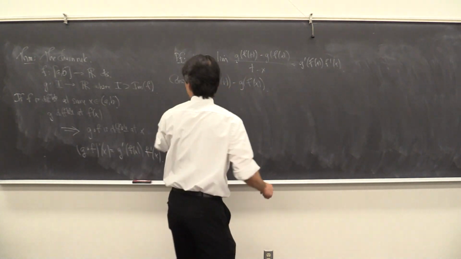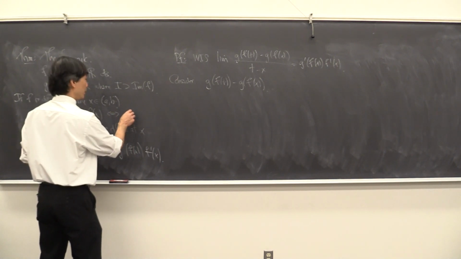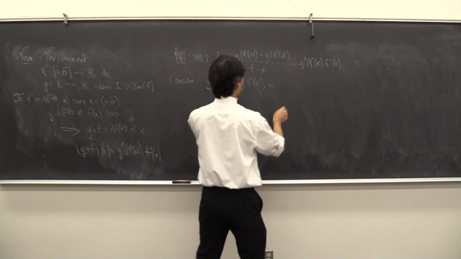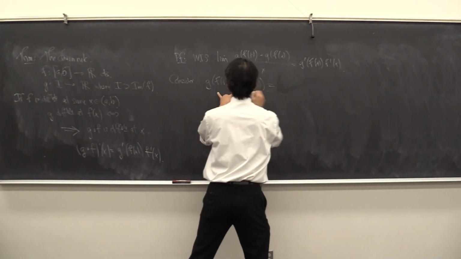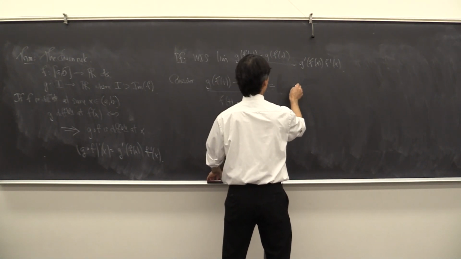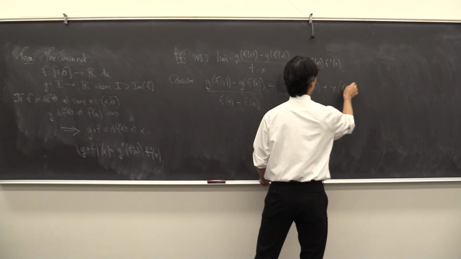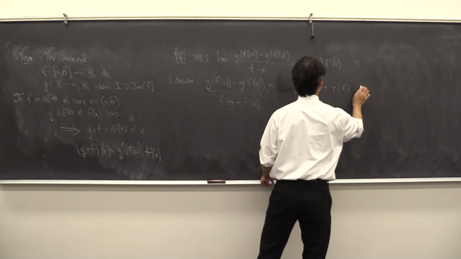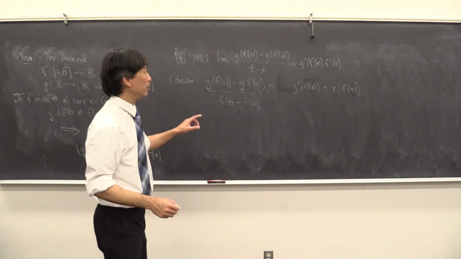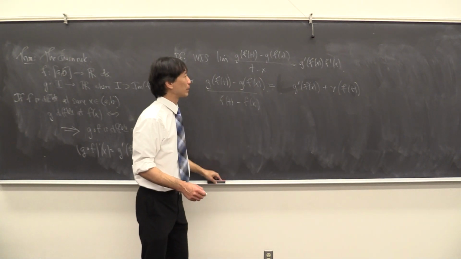Remember that g is differentiable at f of x, which tells us that if we take this thing and divide by f of t minus f of x, we're going to get g prime at f of x plus some error term, an error term that depends on f of t.